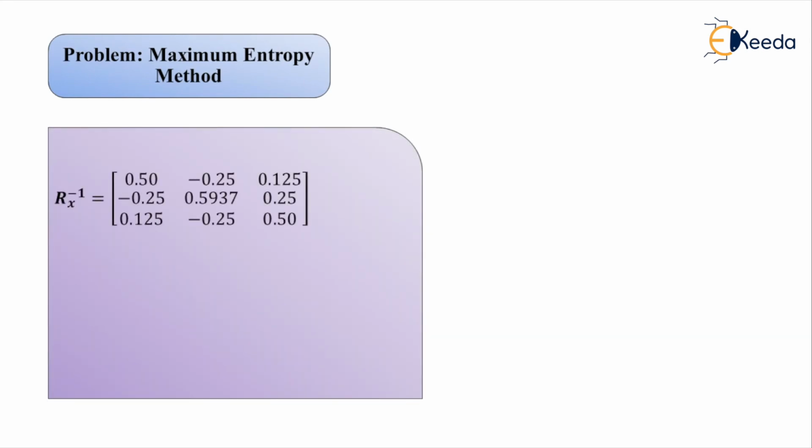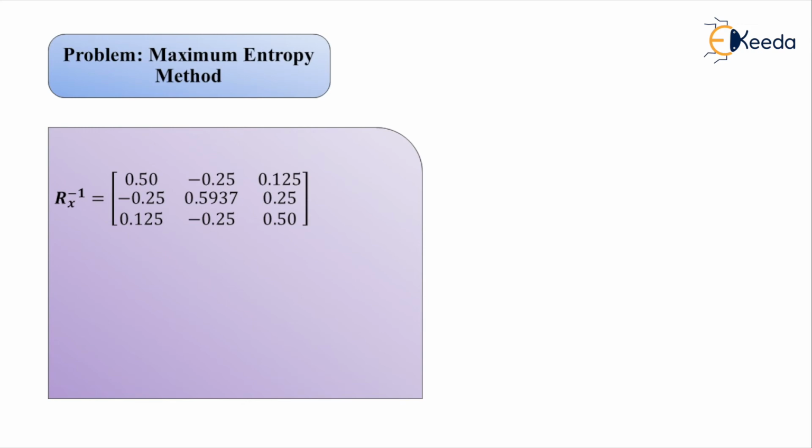So the first row values are 0.50, minus 0.25, 0.125. The second row elements are minus 0.25, 0.5937, minus 0.25, and the third row elements are 0.125, minus 0.25, 0.50.